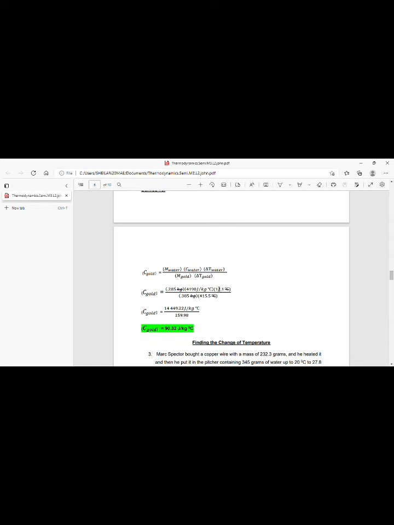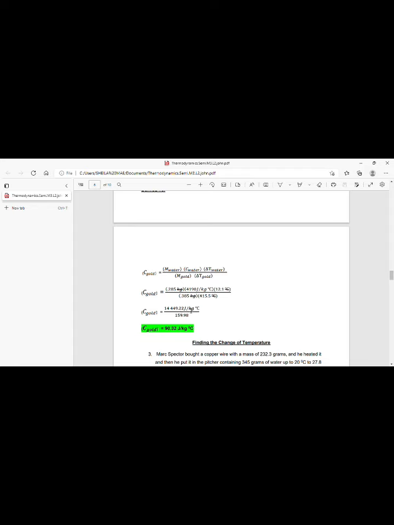We will cancel out the units so that we will be able to put the unit in our specific heat, which is joules per kilogram degree Celsius.